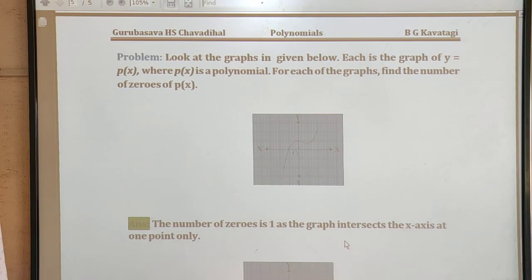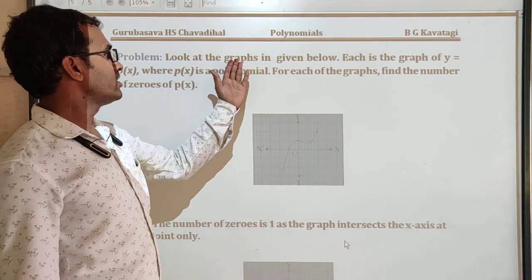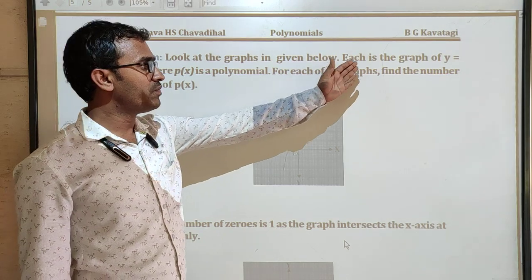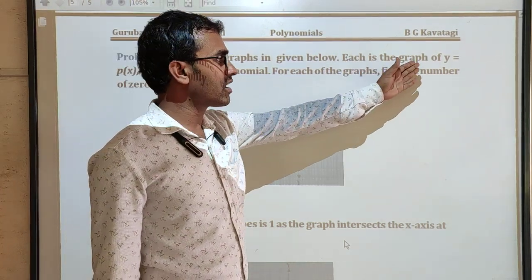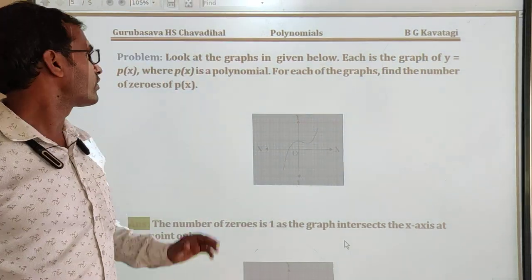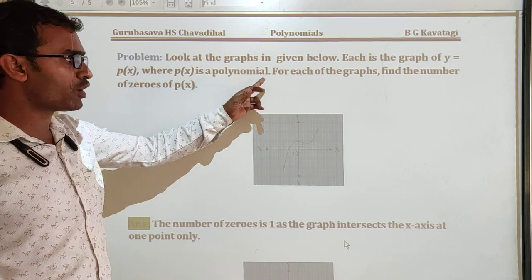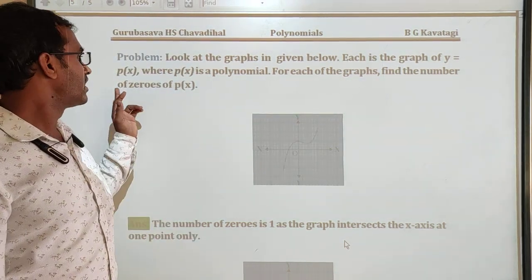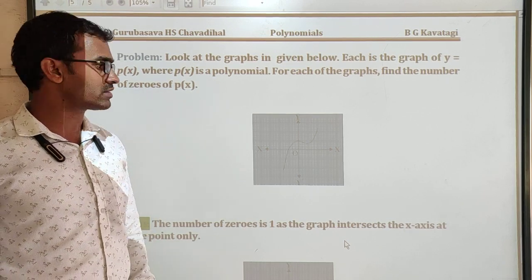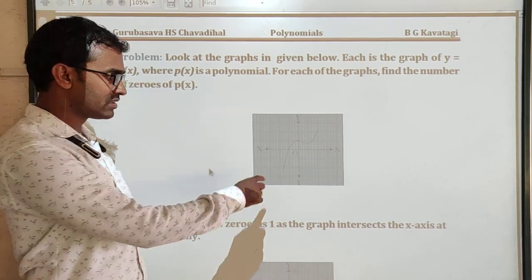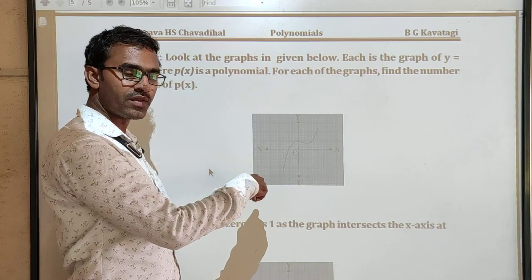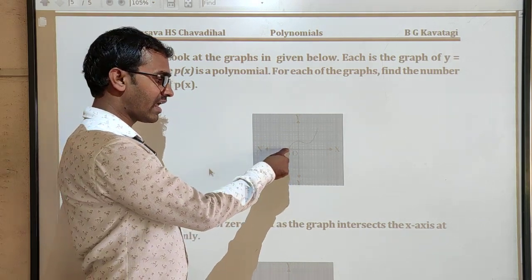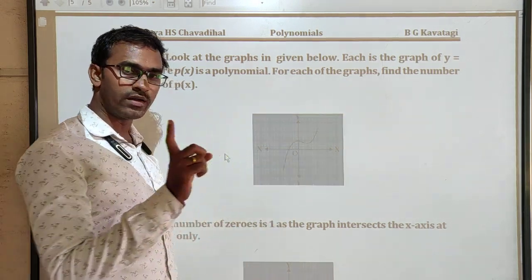Next, the problem. Look at the graphs given below. Each is the graph of y equal to p of x, where p of x is a polynomial. For each graph, find the number of zeros of p of x. Observe the first graph. This graph intersects the x-axis only once.